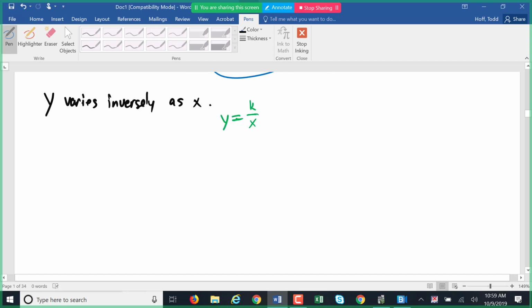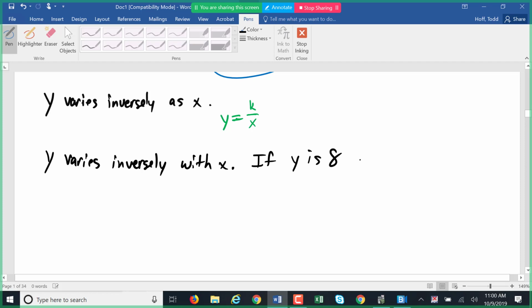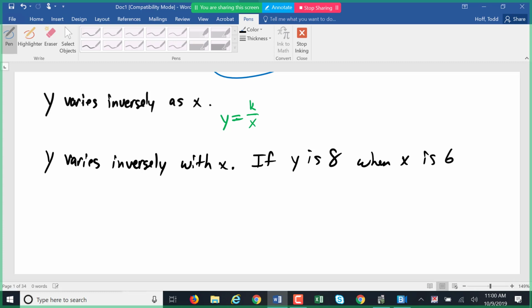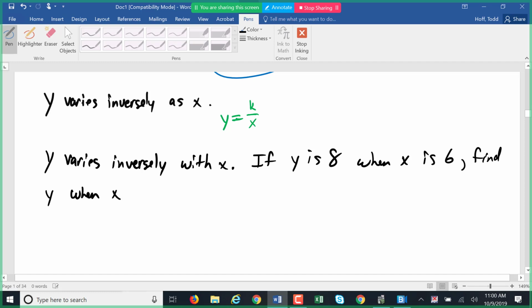So I'm just going to add the next 2 steps all at once here. Y varies inversely with x if y is 8 when x is 6. Find y when x is 2.